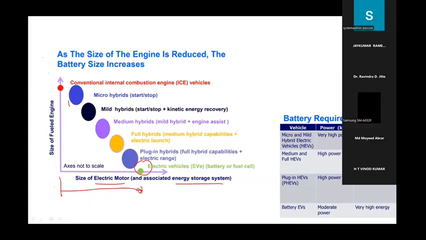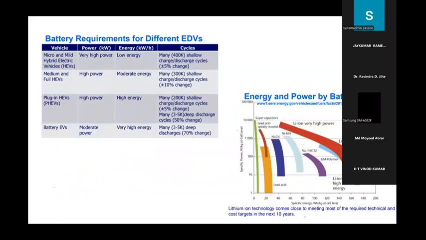If you look at the exact requirement of the batteries for different configurations, and take one example of the battery EV, we normally prefer the battery which can provide moderate power but very high energy. There are so many types of batteries available.